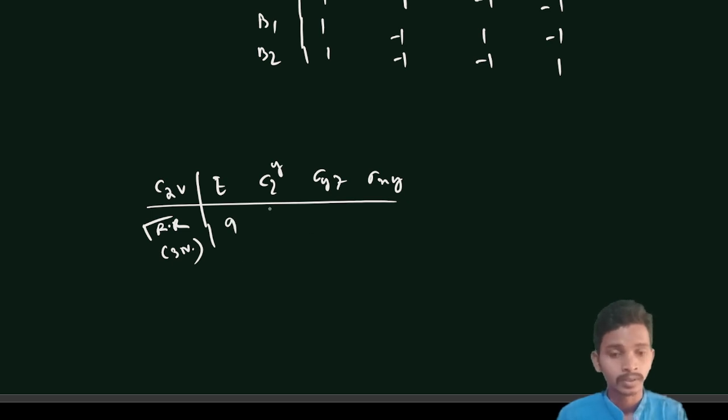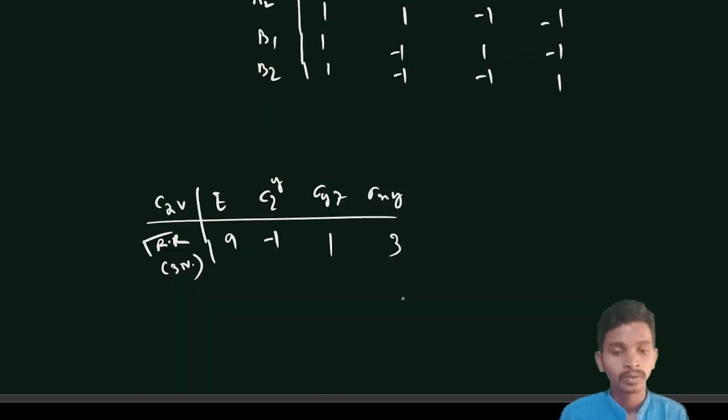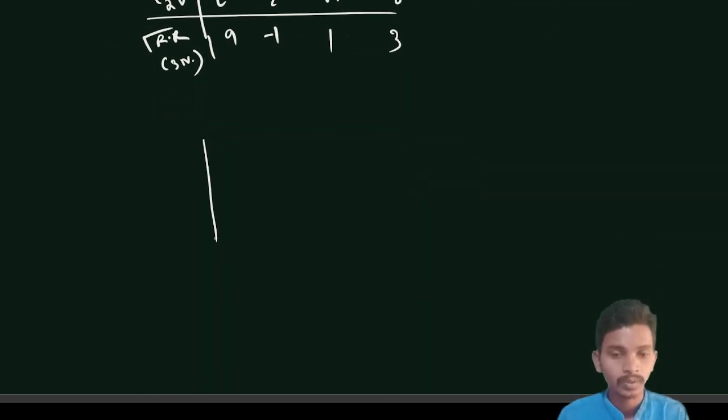We have learned that in the class two classes before, and C2(y) will always be minus 1, and this is the molecular plane, that is 3, and this will be 1. So how you do this, that also we have discussed.